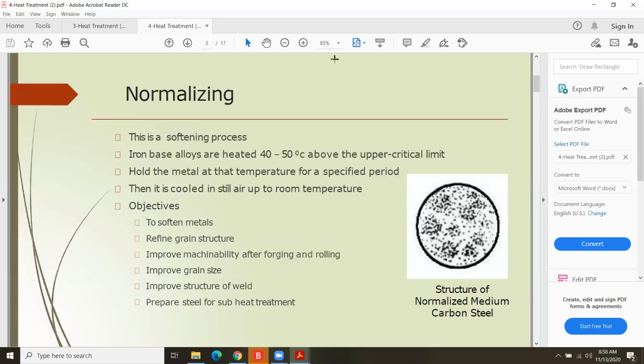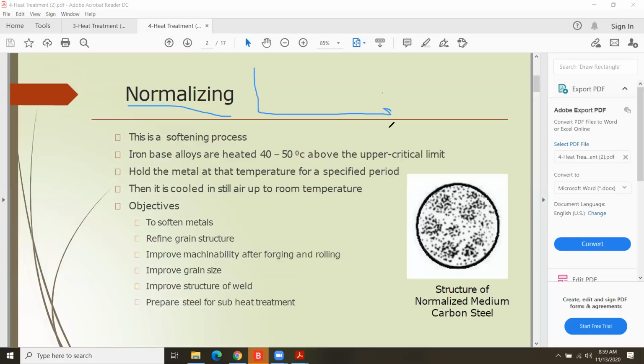So normalizing means the normal, common heat treatment process. We discussed earlier that the heat treatment process has 3 stages. What are they? Heating, soaking, cooling. So the normalizing process is also a kind of heat treatment process, so it also has the same 3 stages, right?